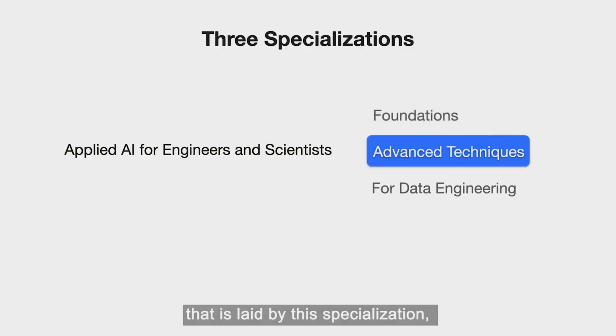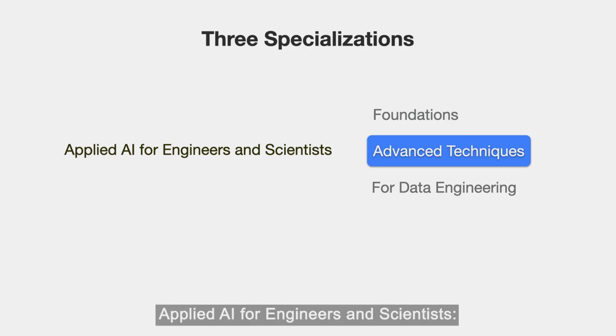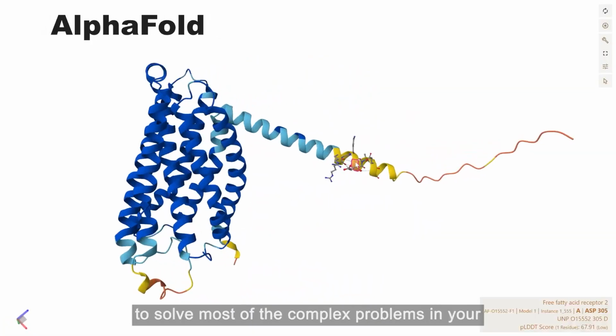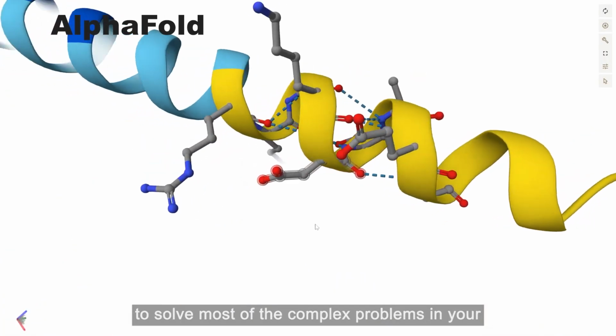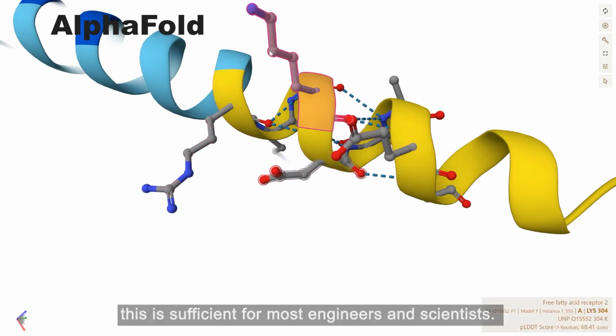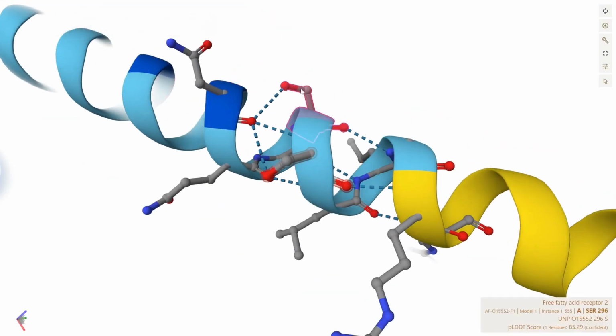With the foundation that is laid by this specialization, the second specialization, Applied AI for Engineers and Scientists, Advanced Techniques, will let you make good use of state-of-the-art AI techniques to solve most of the complex problems in your engineering and science practice. Often, this is sufficient for most engineers and scientists.